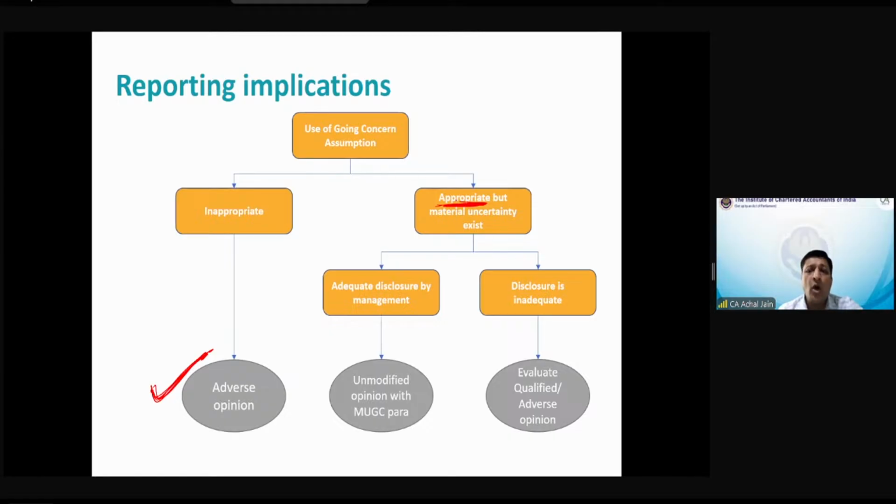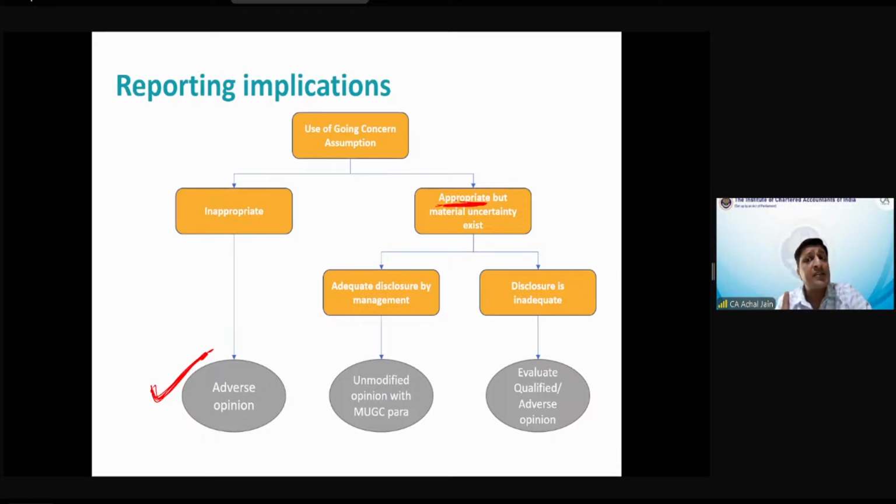That's why the auditor wants that an appropriate disclosure should be given in the financial statements. Okay. So that's what the auditor wants. An appropriate disclosure should be given.